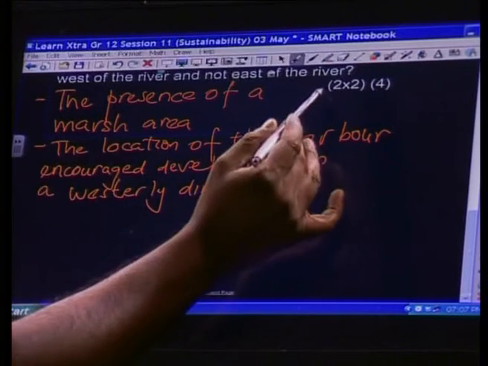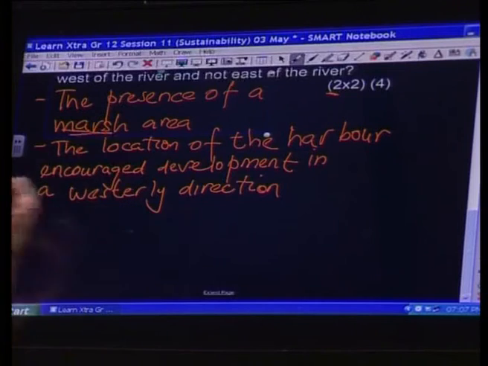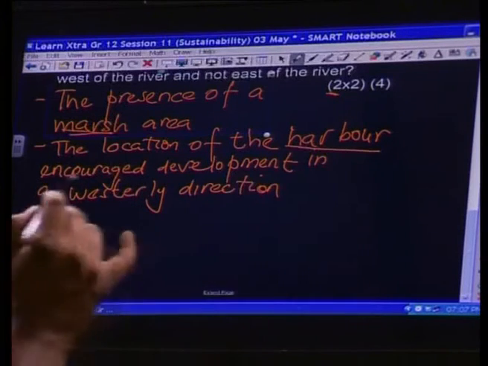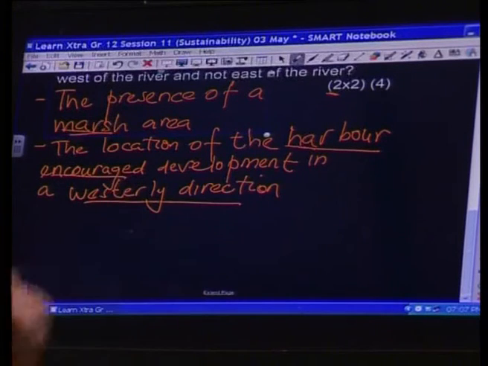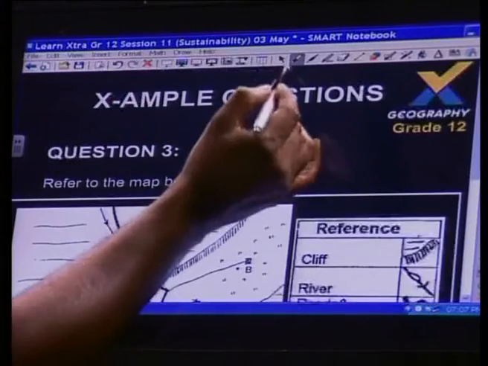Remember, 2 answers, the presence of the marsh as well as the harbor encourage development in a westerly direction. Moving on to the next question.